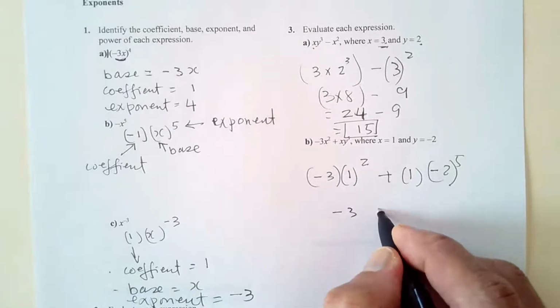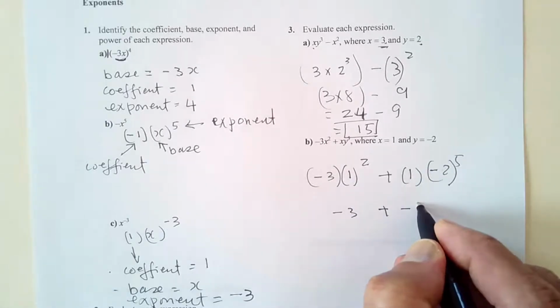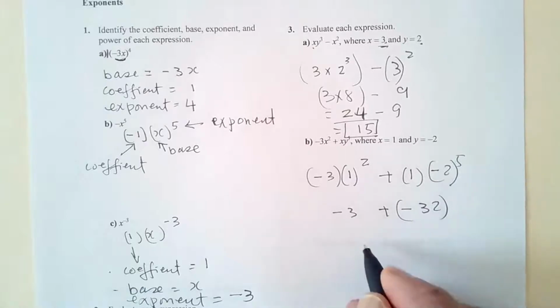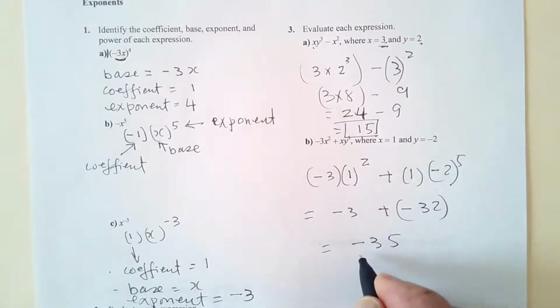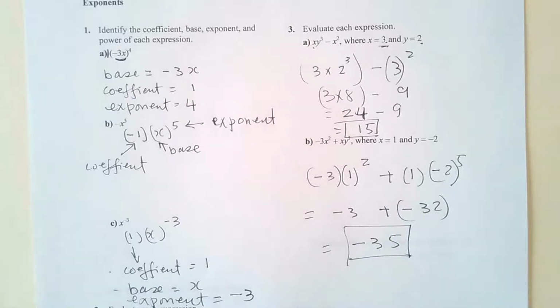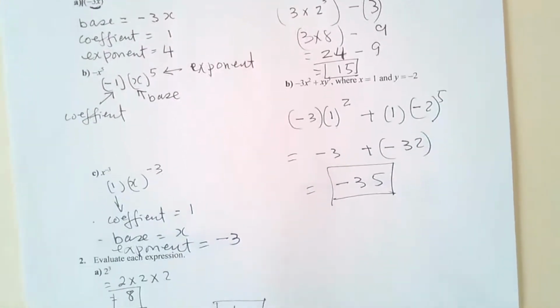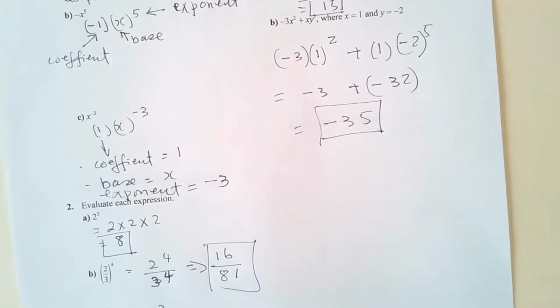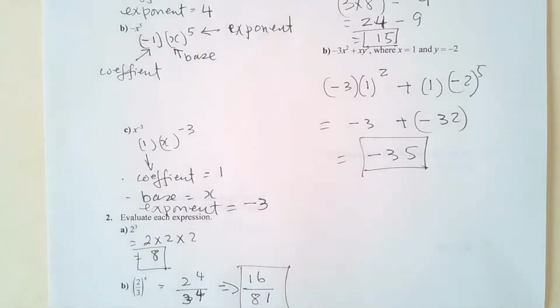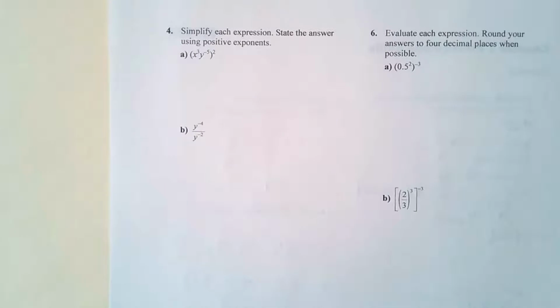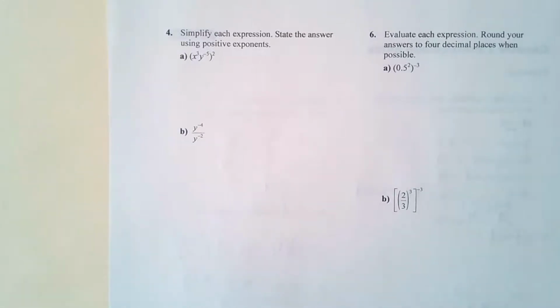So -3 plus -32, which is -35. We have a few more, though.